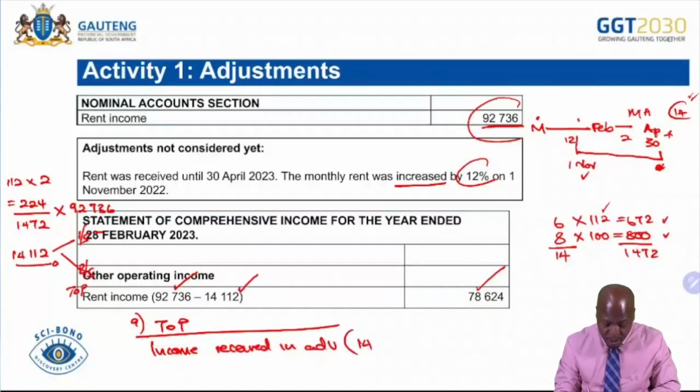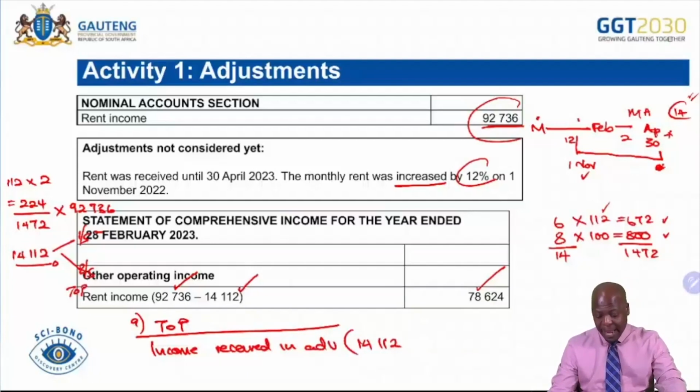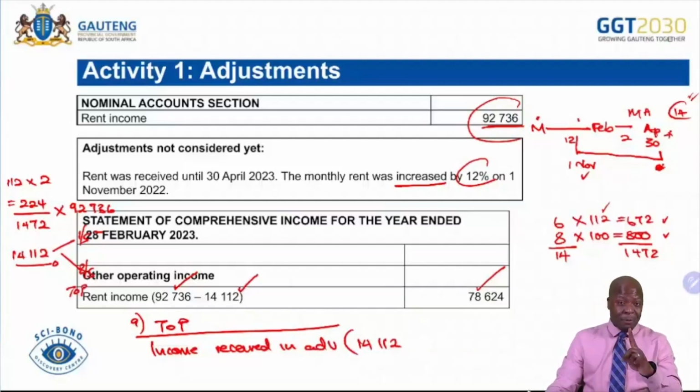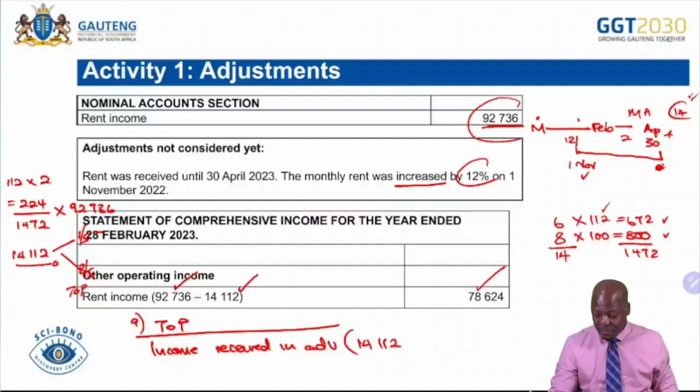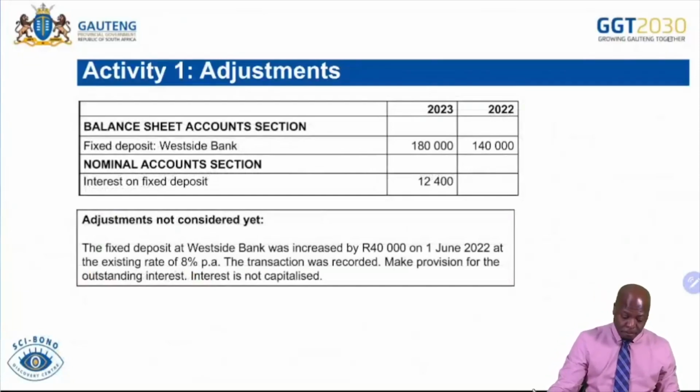My 14,112. Once you've done this, you've recorded it in both the income statement as well as the balance sheet. Are we good? I'm happy. I also have another rent adjustment for you. Please stay put. We're going to do another one again together in today's class. All right, let's go on to the next adjustment.